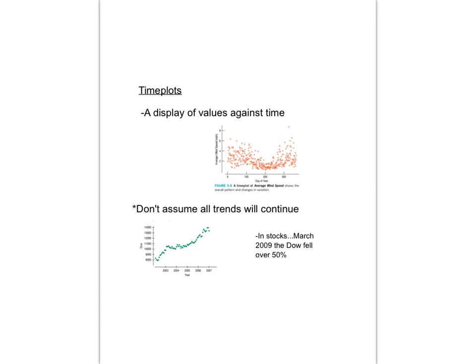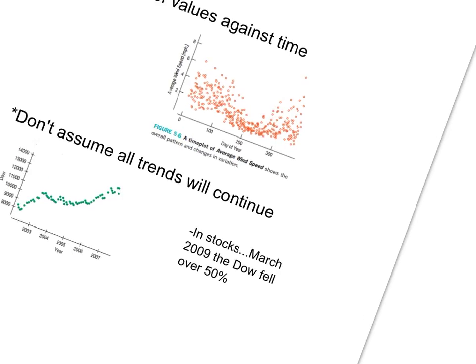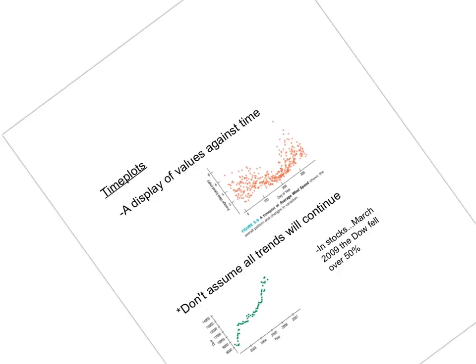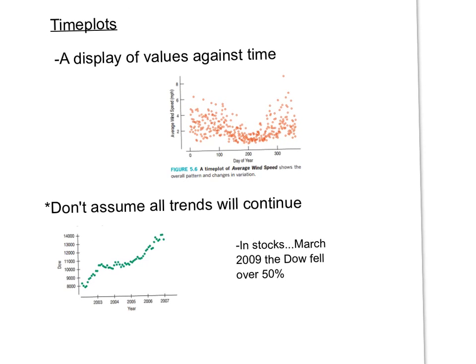Alright, so hopefully you got a chance to do the box and whiskers in your calculator, and that way you can see some differences between the boys and girls. Time plots are very similar to the time box and whisker plots that you just saw, but again, it's kind of like what you guys did with dot plots. It shows over time what's happening. Be careful with things like this.